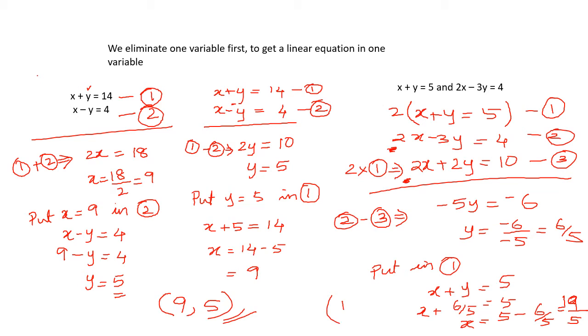So the answer you will be getting is 19 by 5 comma 6 by 5. As you do, check. I just worked it out here, so just check as you do it.